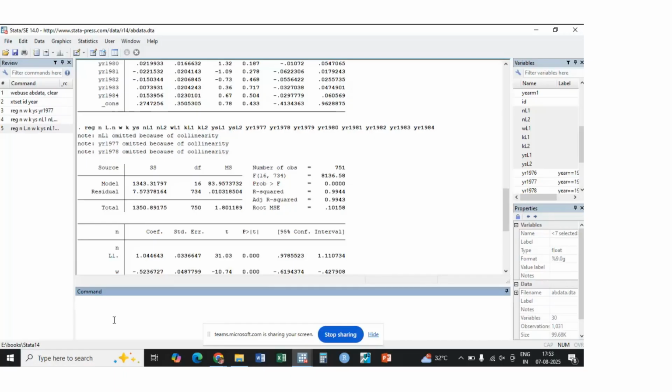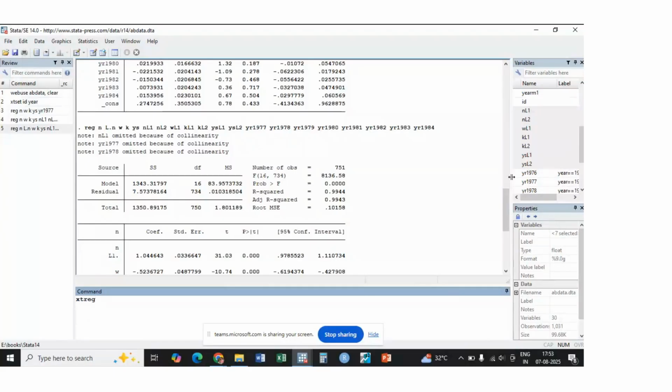Okay, can you try doing a fixed effects model? What do you observe? It comes down. What is the new coefficient? How do you do the fixed effects? XT-reg and do the same thing. So I'm going to next do a fixed effects model.